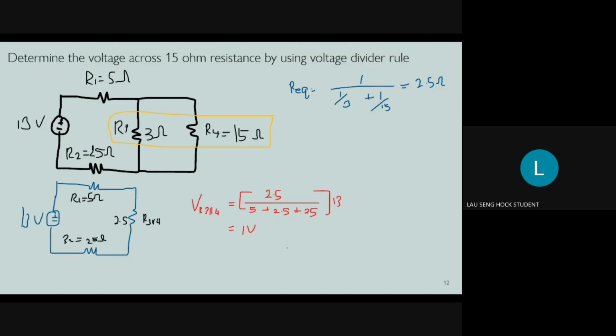Determine the voltage across the 15 ohm resistor. So they want you to calculate the voltage over here by using the voltage divider rule. You can use R equivalent, you can use any method. R equivalent for 3 and 15 ohm, so you get 2.5 ohm.